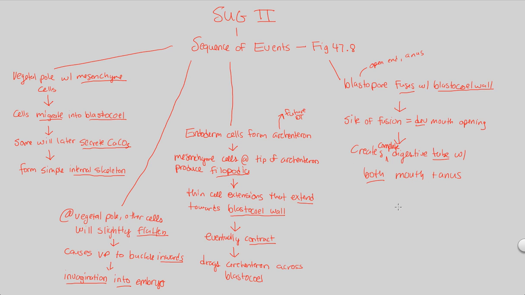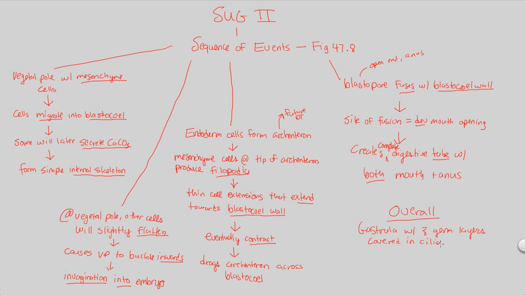Overall, we can finally summarize the following. As a result of all of these things happening simultaneously and after one another, you're going to get a gastrula. The gastrula will have 3 germ layers, as we highlighted in the gastrulation flowchart. These 3 germ layers are going to be covered in cilia.